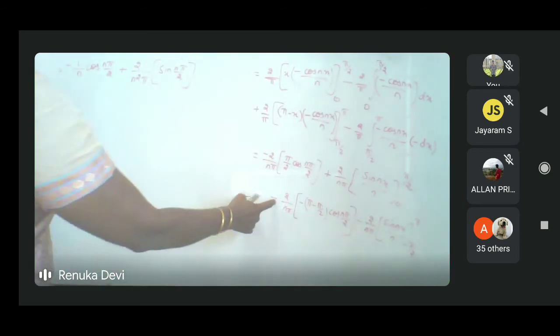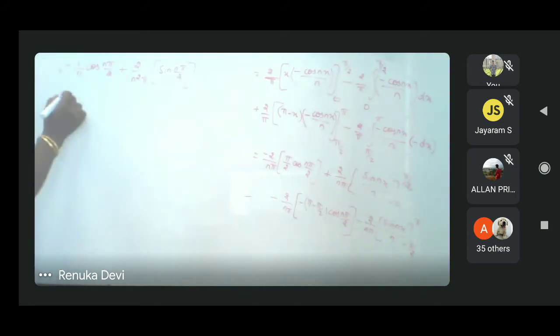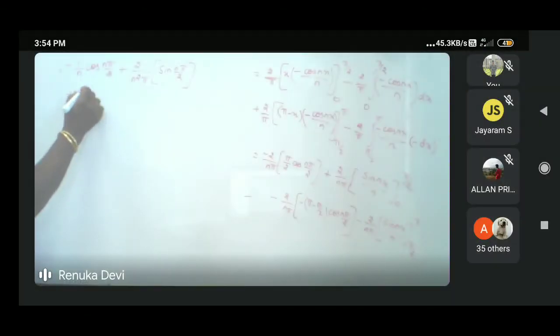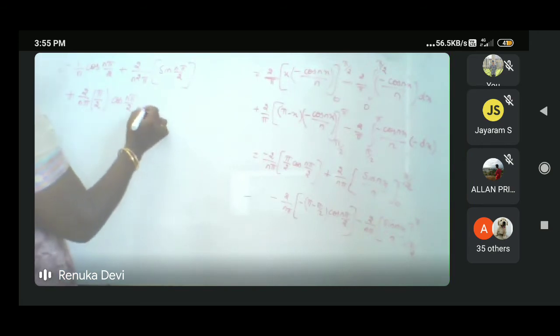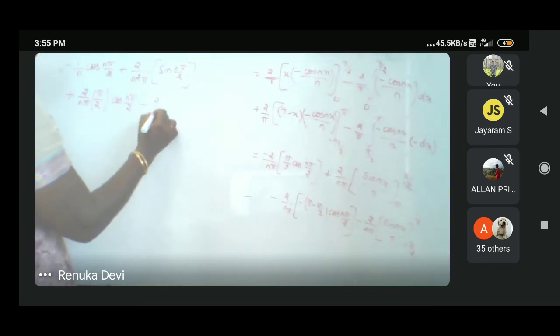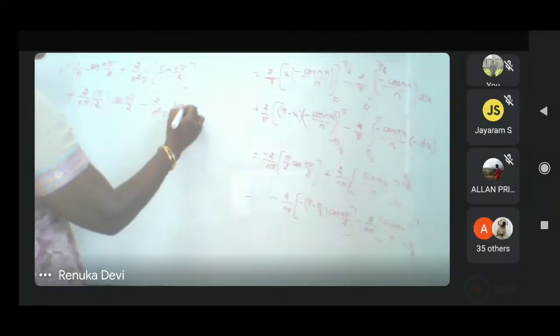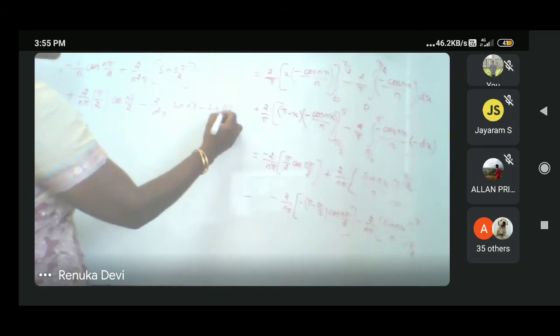So here minus of minus plus, and then I write plus 2 by n pi. Pi minus pi by 2 is again pi by 2 cos n pi by 2. So minus 2 by n square pi sin n pi minus sin n pi by 2.